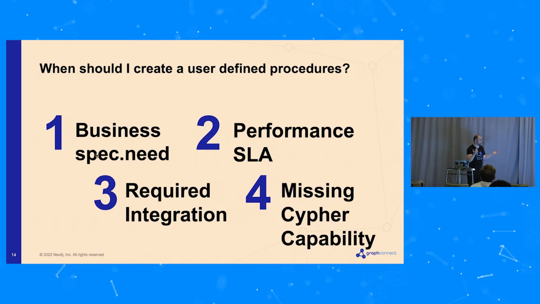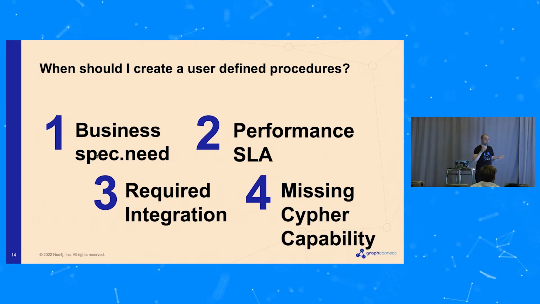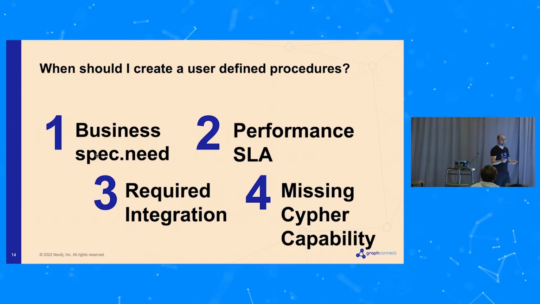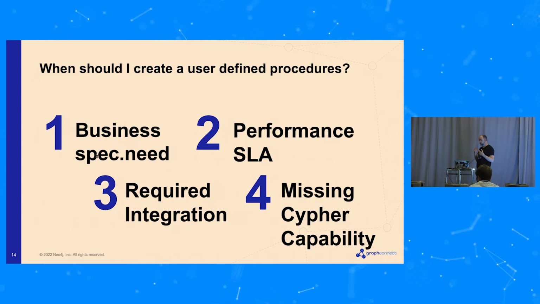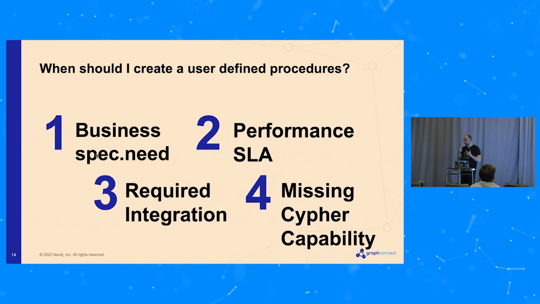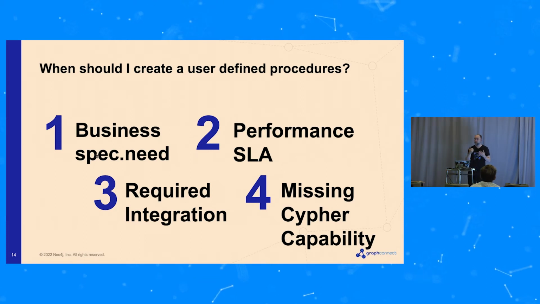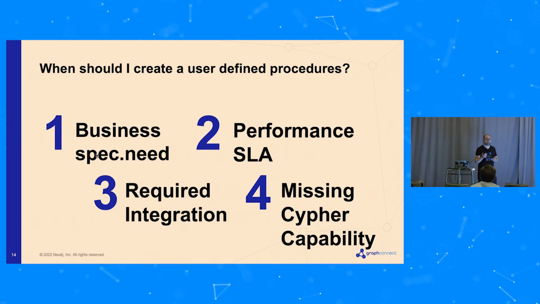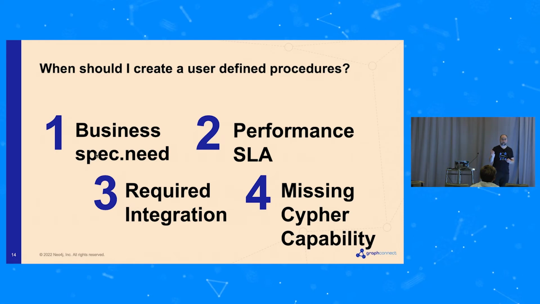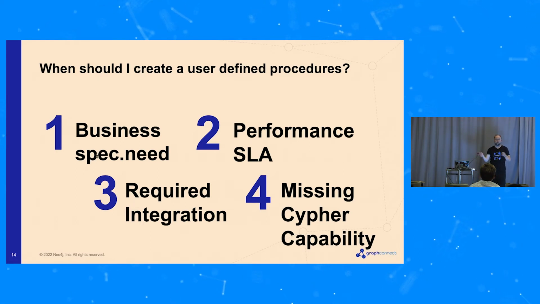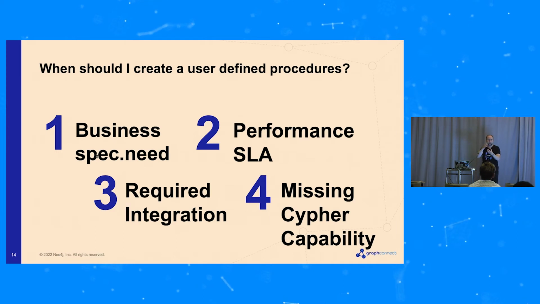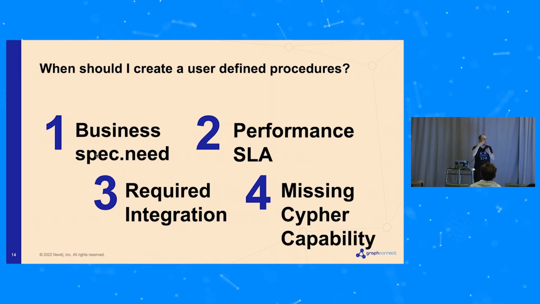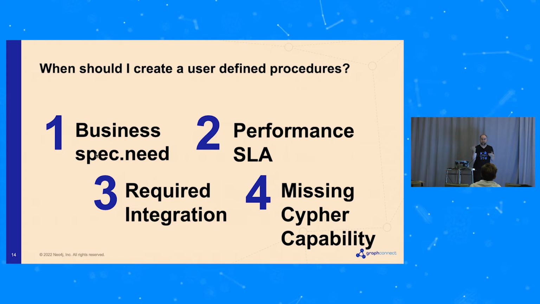The other one is if you have a 10 milliseconds SLA and you can scrape off half of your runtime of your query, then that makes a big difference. Or if you have certain aspects that you can't express in Cypher from a data structure perspective. For instance, if you have certain data structures like, let's say, a bit set or a tree data structure where you want to keep intermediate data to compute something, then these data structures don't exist in Cypher.